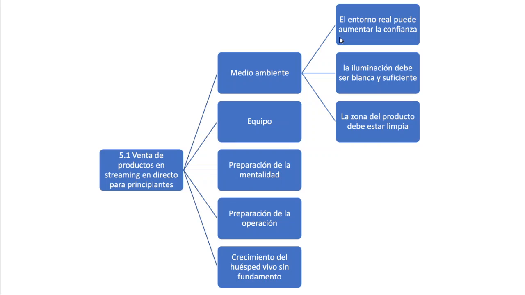So Combolocus has been working with many live streamers in the past, and typically we provide studios to our live hosts, and there can be many types of live streaming backgrounds.